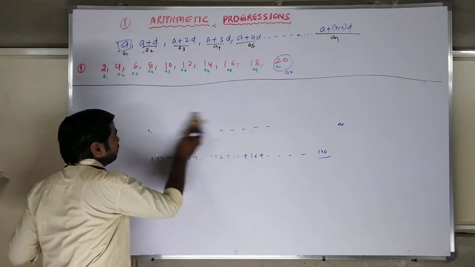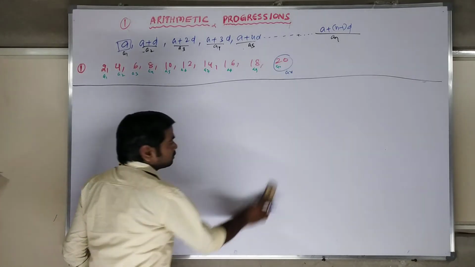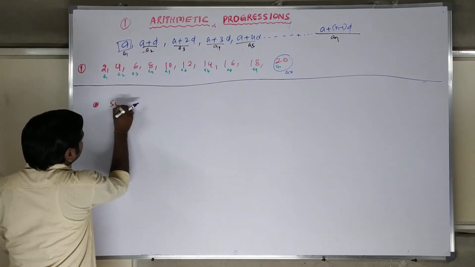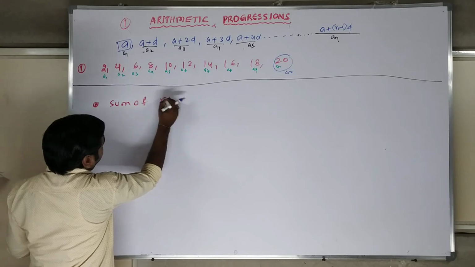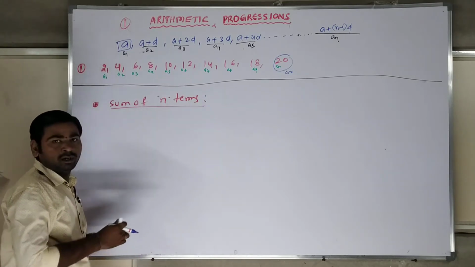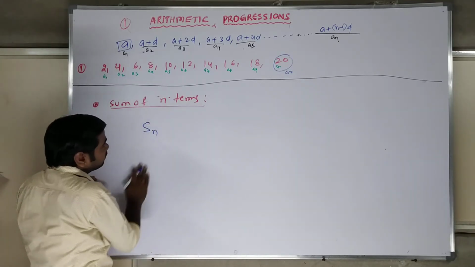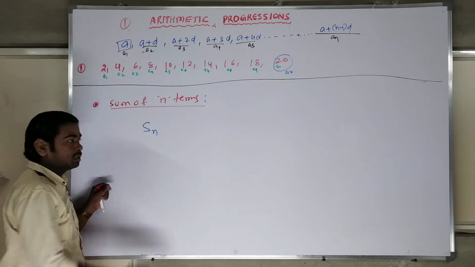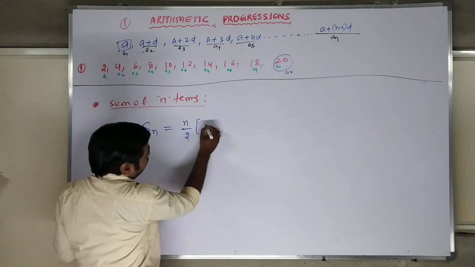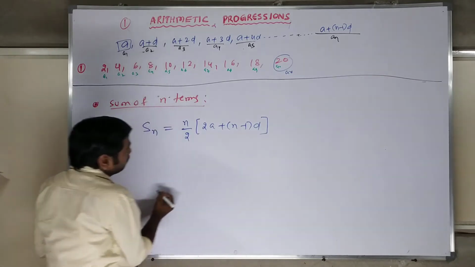If we want to find the sum of n terms, we have a direct formula: S suffix n is equal to n by 2 into 2a plus n minus 1 into d. This is the formula directly.